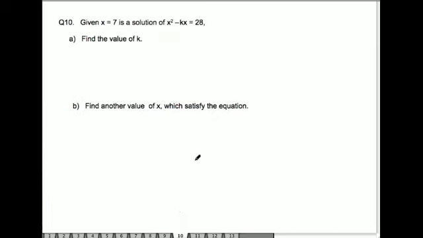In question 10, we are given a solution of the equation. Now, since x equals 7 is the solution, it should satisfy the equation, which means that we can substitute it into the equation. We get x is 7, so 7 squared minus 7 times k equals 28.